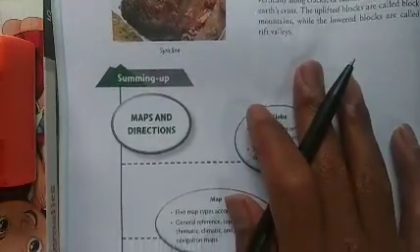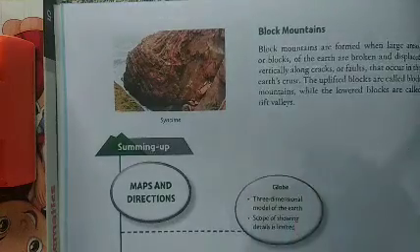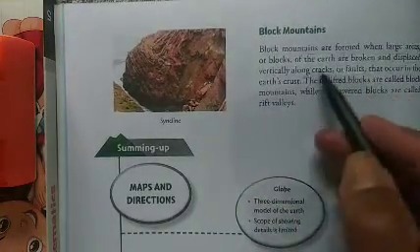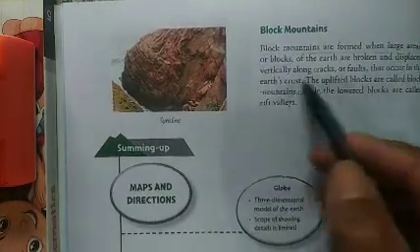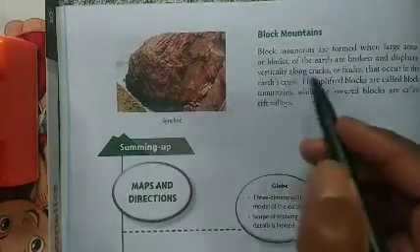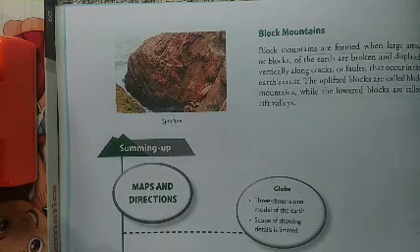Then come block mountains. Block mountains are formed when large areas or blocks of the earth are broken and displaced vertically along the cracks. This occurs in the earth's crust.